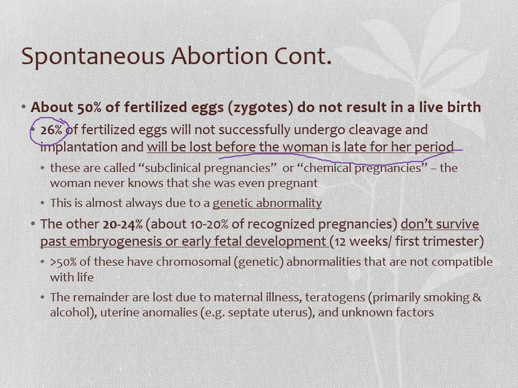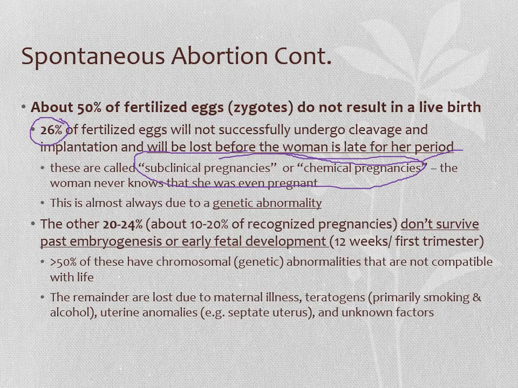So oftentimes these are called subclinical or chemical pregnancies, right? So using really highly accurate blood tests and ultrasounds, we can detect these things, but generally the woman never even knows. She might be a day or two late for her period, or her period might seem a little bit different than normally, but oftentimes those go unrecognized.